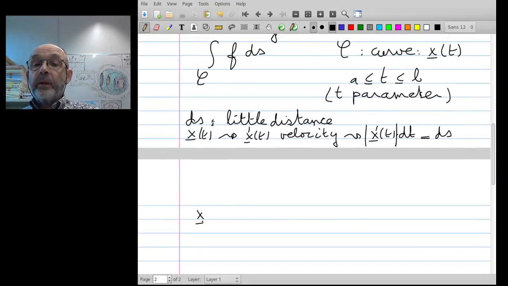And then be careful, this is a vector, and I want to integrate a function over the curve, so I have to do something with that vector. With a vector, I can do nothing. The only thing I can do is calculate the length of that vector.